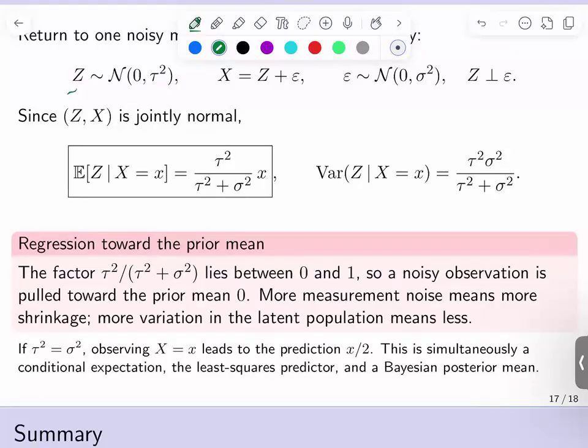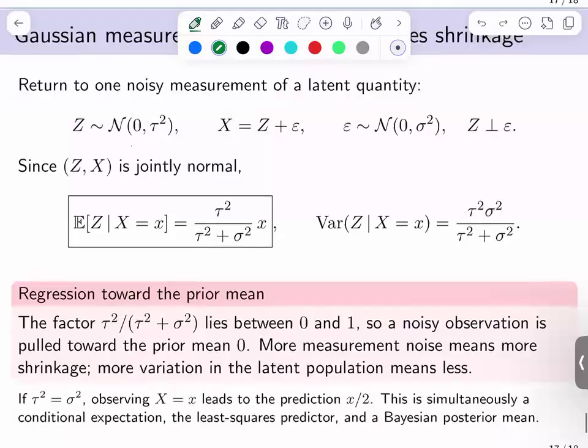You can think of this as a prior, the prior knowledge that this is centered at 0, and this is saying x given z equals z is normal with mean little z and variance sigma squared. So this is the likelihood part, basically. And there's going to be a posterior. The posterior would be the distribution of z given x.